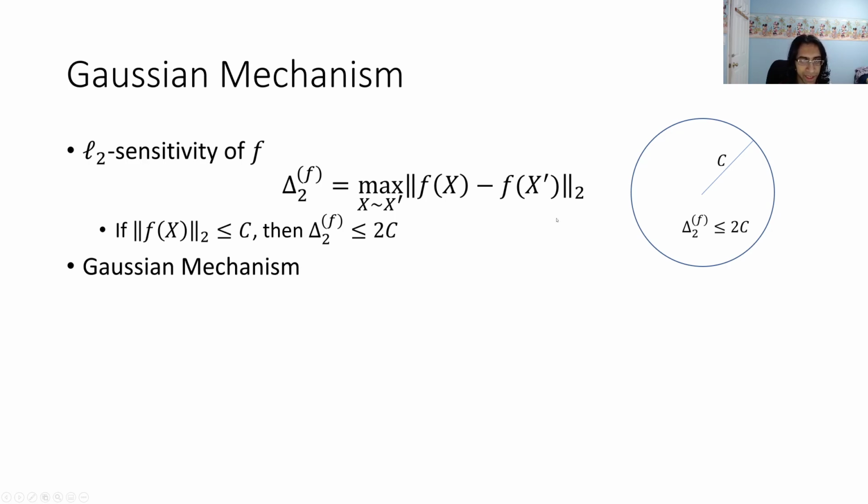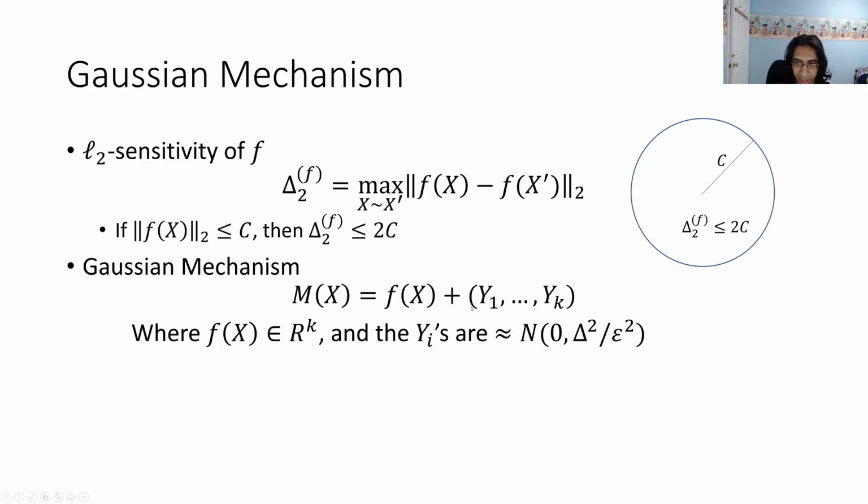I'll do it a little bit informally. It's going to be very simple. You just let your private mechanism, or your algorithm, it's for whatever reason sometimes called a mechanism, but you can just think of this as synonymous with algorithm. So what you're going to do is take the function that you want to compute non-privately, and if it's k-dimensional, you add Gaussian noise to each coordinate of it.